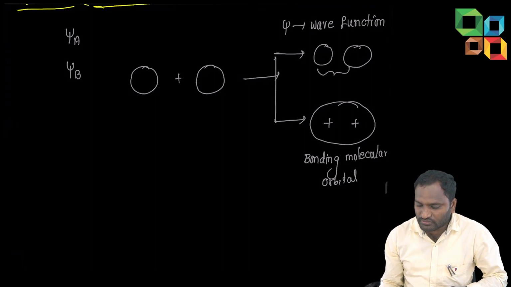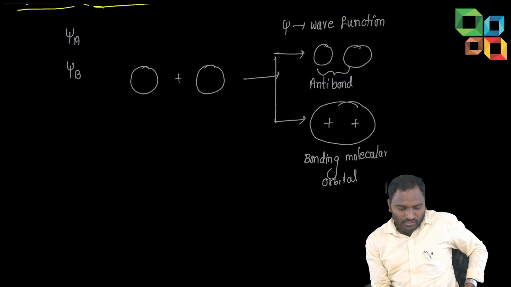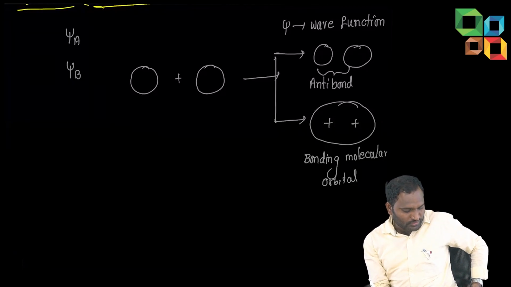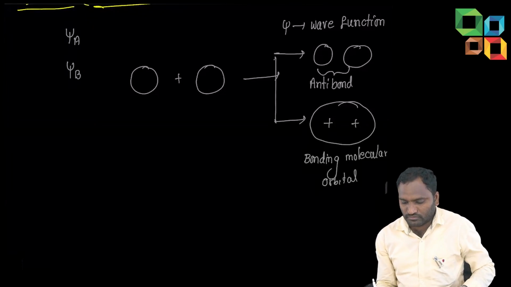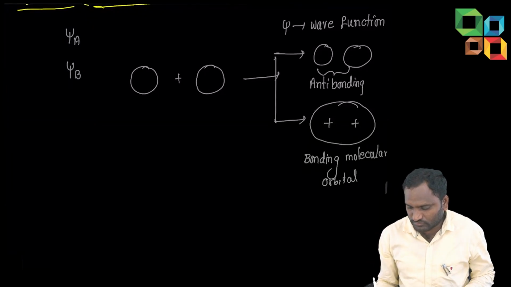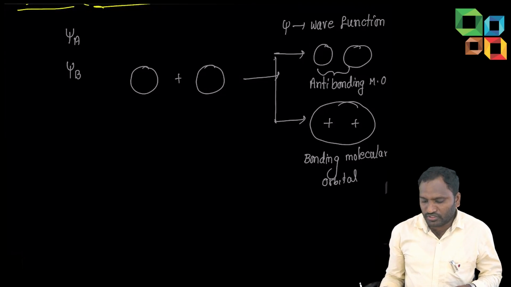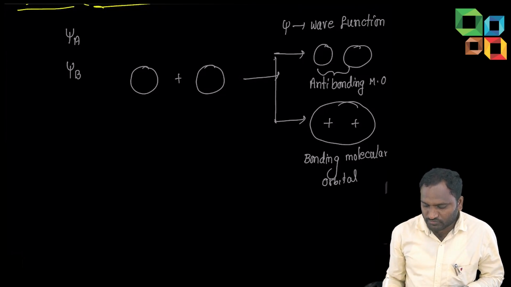This one is called anti-bonding molecular orbitals.